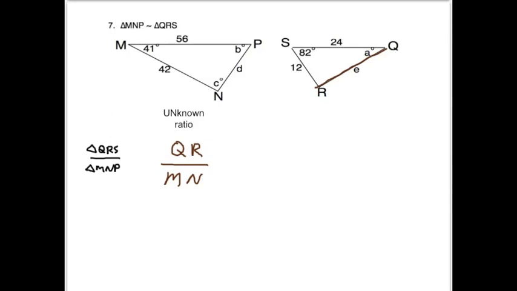And again, it's unknown because QR is unknown. And we want to set that ratio equal to a known ratio. The only known ratio in this pair of triangles is 56 and 24. In other words, it's length QS, so first and third, and then the corresponding side to QS, first and third, is MP.